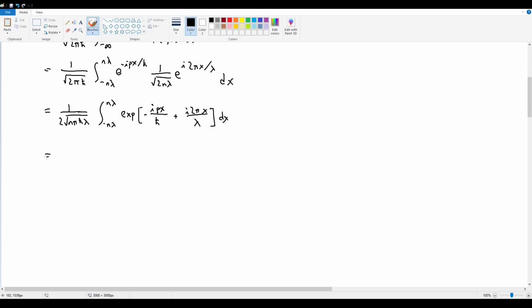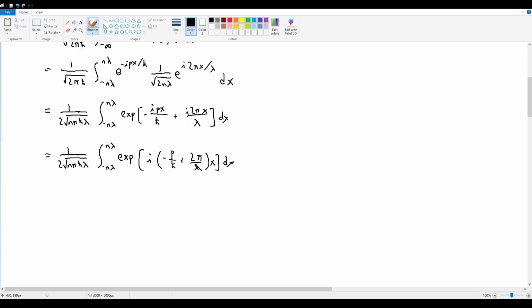Now let's distribute out some common factors. So this is going to give us the same thing at the front, so I'm just going to copy and paste this. Now in the exponential, looking at both of these, they share an i and they share an x. So this is i times some ratio times x. So this is going to be i negative p over h bar plus 2 pi over lambda multiplied by x dx like this.